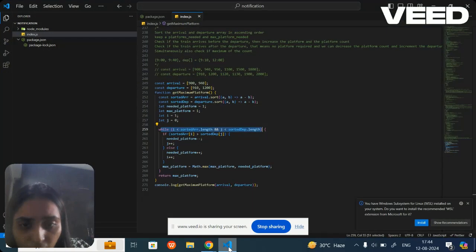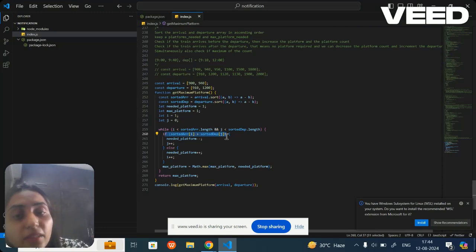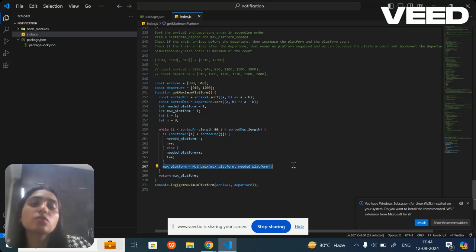Now I will check if the arrival is going to be greater than the departure. That means you don't need a platform, so you will decrease the number of platforms. If the arrival lies within the departure, that means you will need a platform. And then you find the max of the platform needed and the maximum platform.